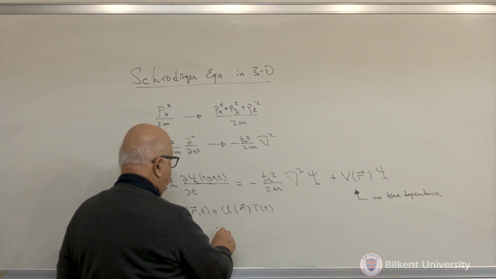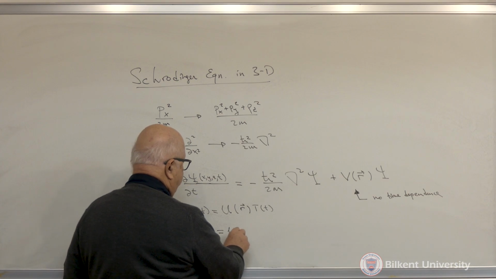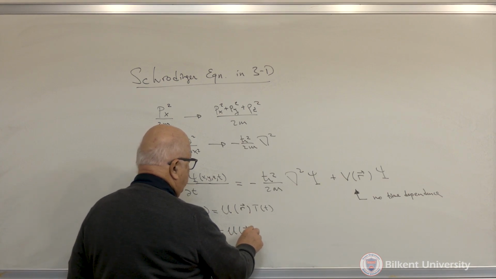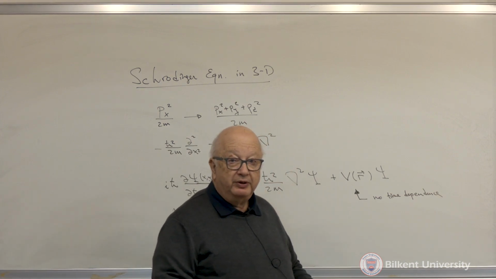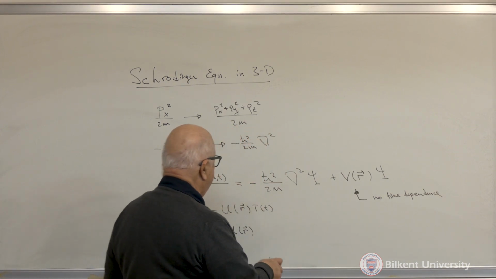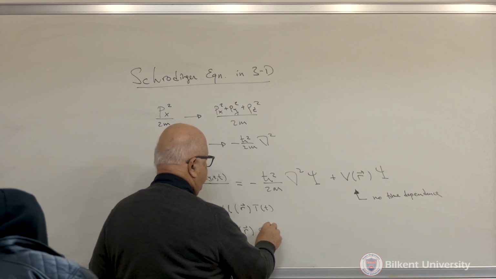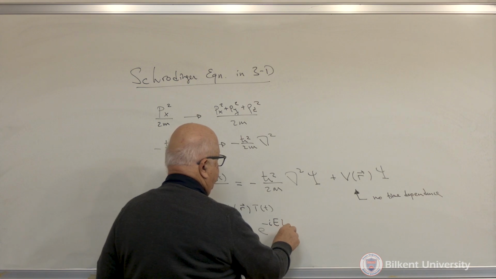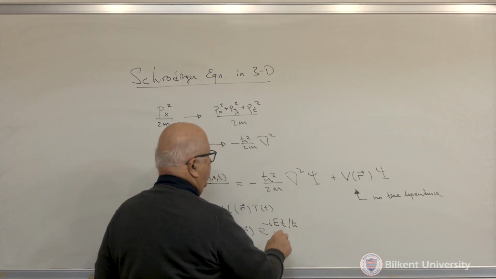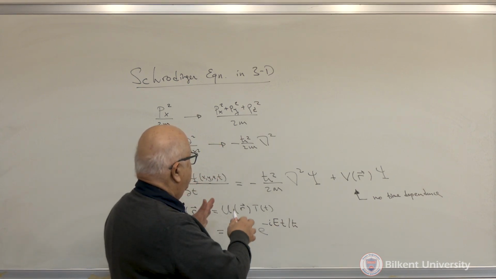That will still work out. So this time, instead of formally going through a process of separation of variables, I'll just assume a solution of the form e to the minus i E t over h bar, and just show that this works.